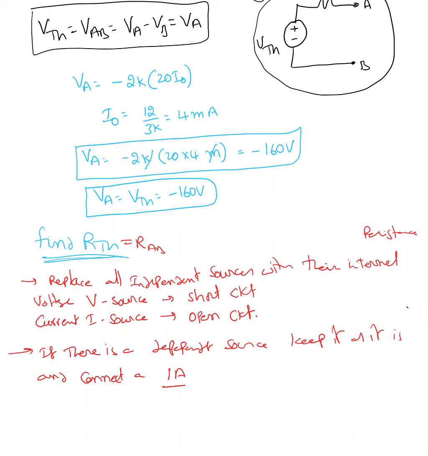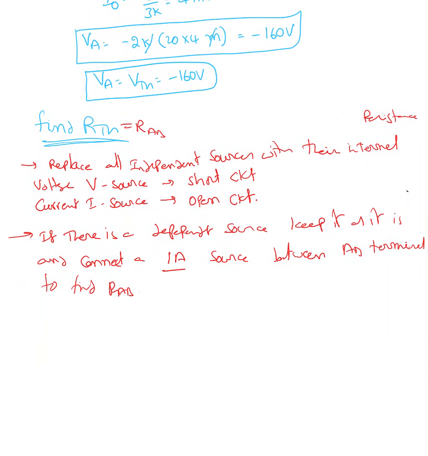I always go with 1 ampere, it's easy for me. Connect a 1 ampere source between the AB terminals to find RAB. Why am I connecting a 1 ampere source? Because the dependent source also contributes some internal resistance to the circuit, so I have to include that here.